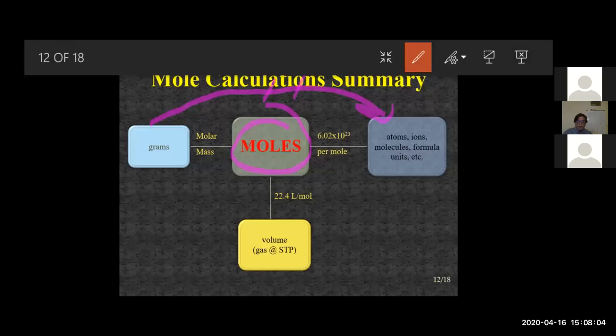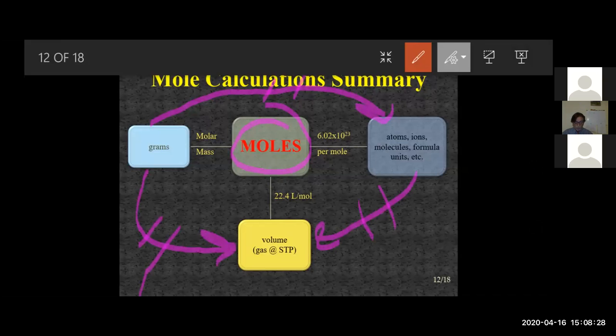Okay, I can't do that. Or I cannot go directly from grams to volume, or from atoms or units. I can't go directly. I have to go through moles.